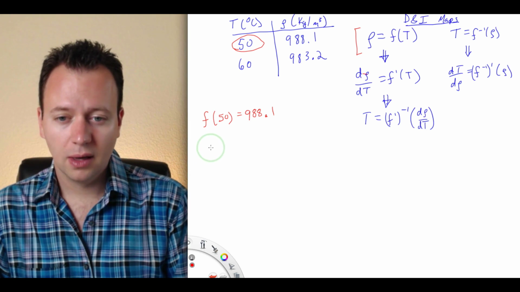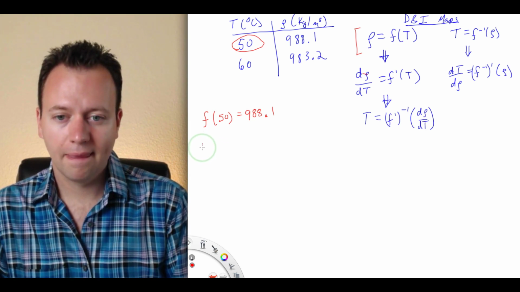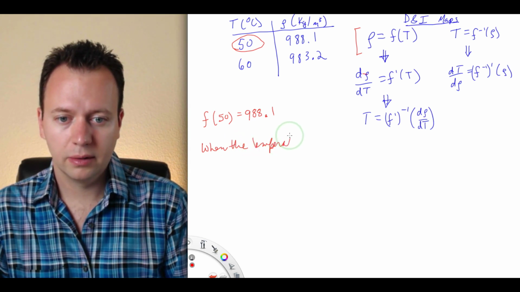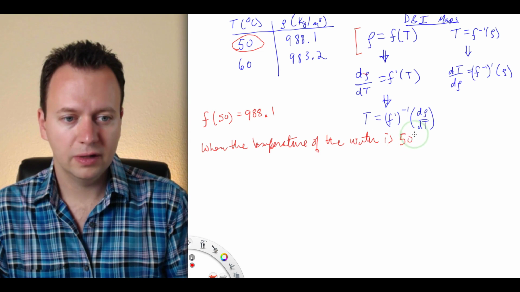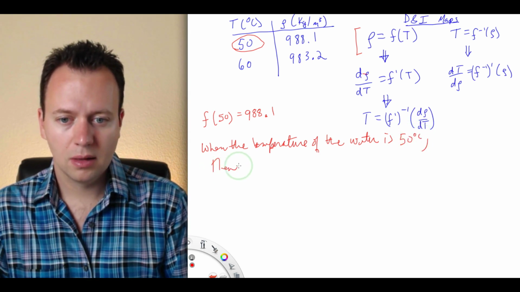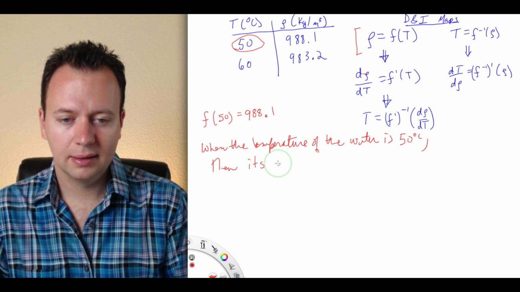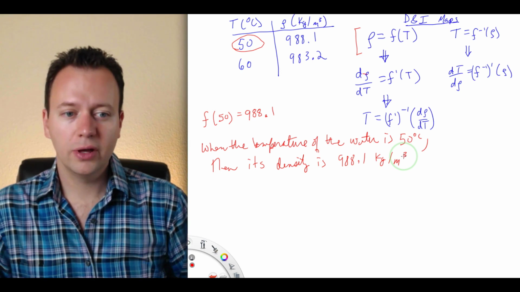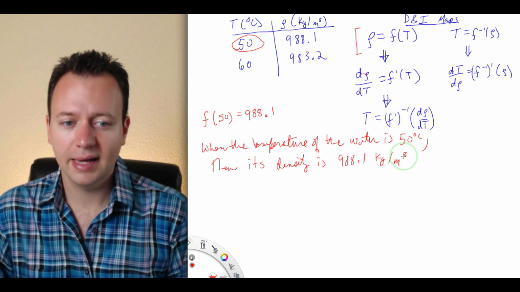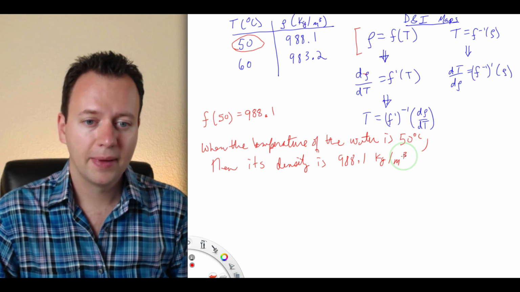So we can say when the temperature of the water is 50 degrees Celsius, then its density is 988.1 kilograms per cubic meter. Right, so the input is 50 degrees Celsius and the output is 988.1 kilograms per cubic meter.